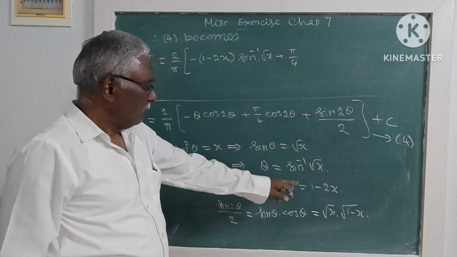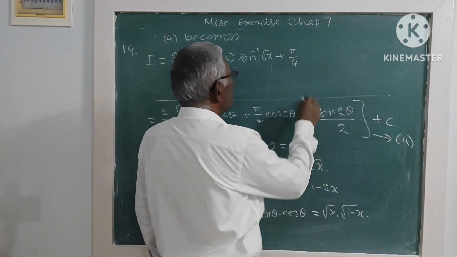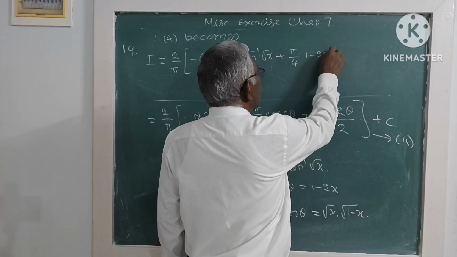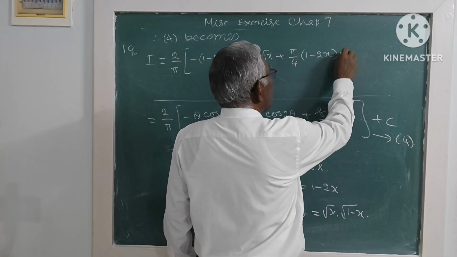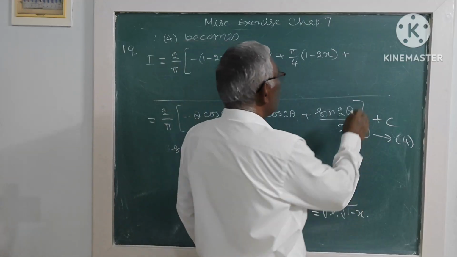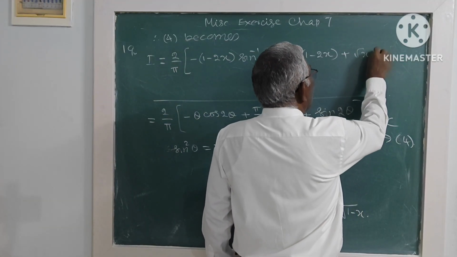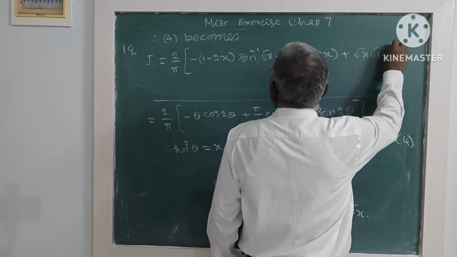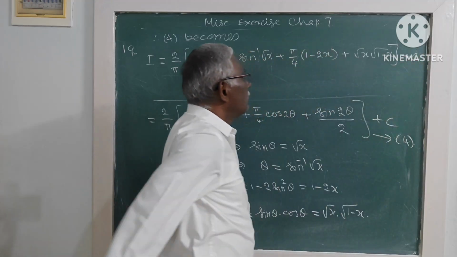Cos 2 theta is 1 minus 2x, plus sine 2 theta by 2 is root x into square root of 1 minus x plus constant.